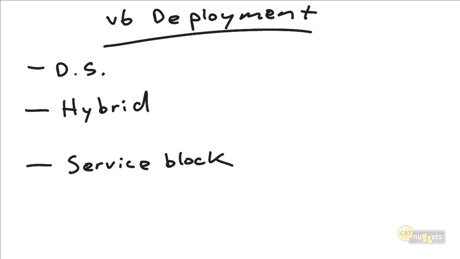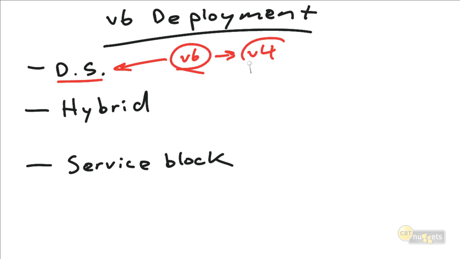When it comes to deploying IPv6 in a v4 world, we've got options thanks to all the transition mechanisms. One option is to just completely remain dual stack. You overlay v6 right on top of your v4 world, and you have both protocols operating, and then gradually you can start removing the v4.